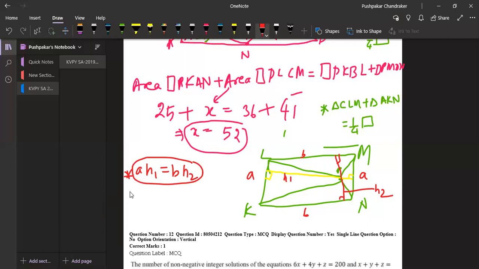So we want the area of the triangles at this point P. So I want triangle PKL plus the opposite triangle PMN. So that will be half into base A into some height here.